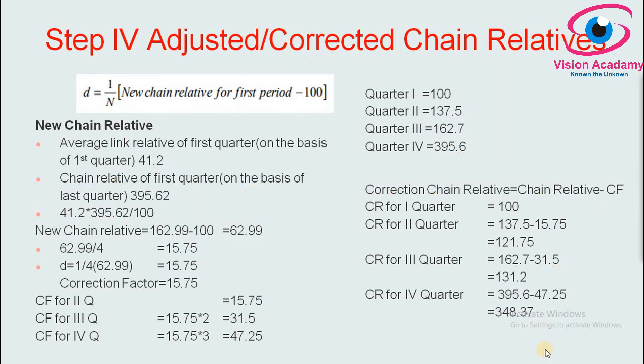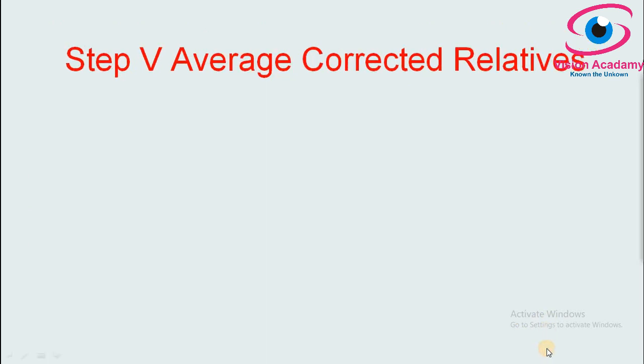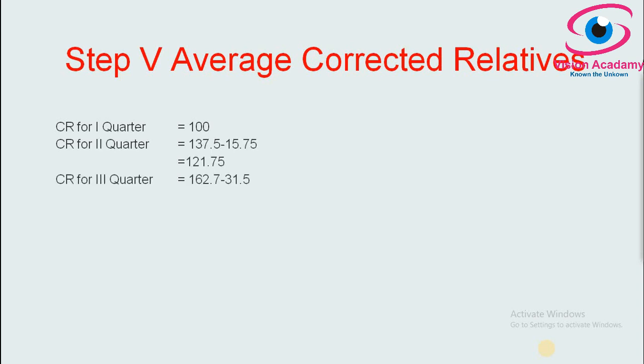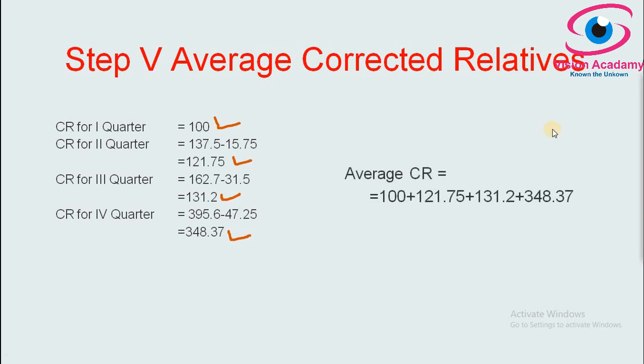By now almost everything is finished. Now we will obtain the average of the corrected chain relatives. For that we need the corrected chain relatives of all the quarters. The corrected chain relative of the first quarter is 100, the second quarter is 121.75, the third quarter is 131.2, and the fourth quarter is 348.37. Now we have to take the average of these, which is also the general average.